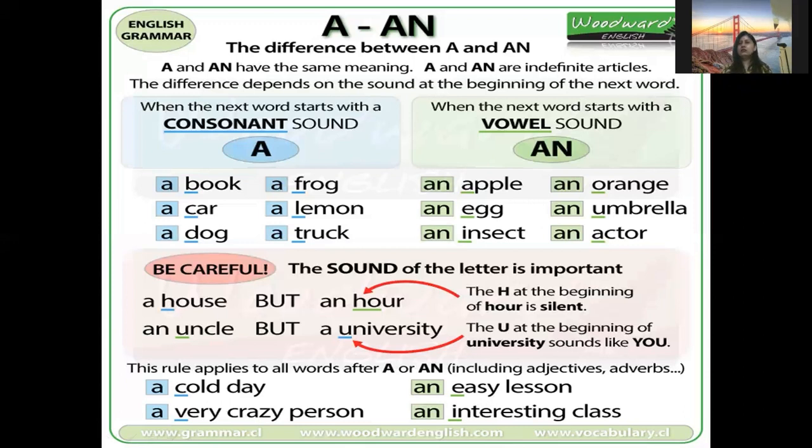If it is a vowel sound, we will use an. If it is a consonant sound, we will use a. Cold starts with K, which is a consonant sound. So we will use a cold day. Easy, an easy lesson. Easy starts with E, which is a vowel sound. So we will use the article an before it. I hope it's clear where to use a and an.